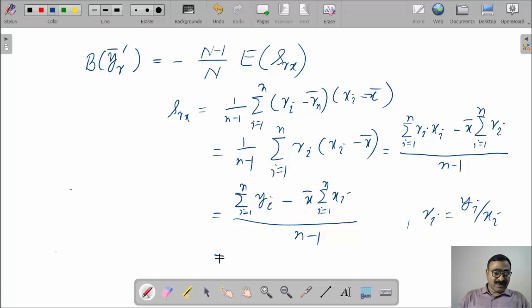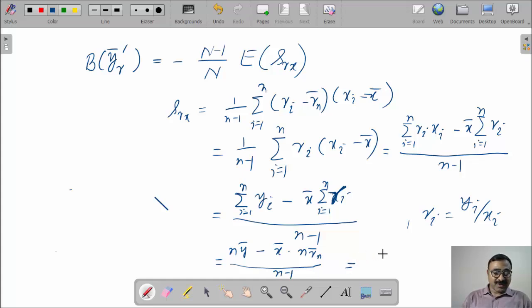So now this is equal to n into y bar minus x bar, this will be n into Rn bar, divided by n minus 1.